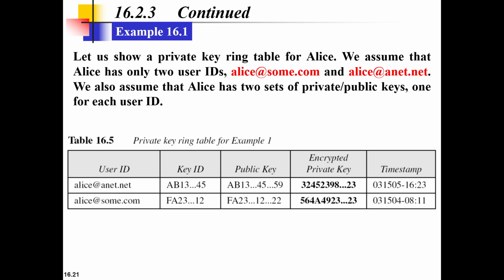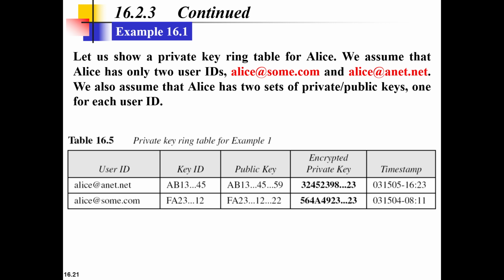Note that although the values of user ID, key ID, public key, and private key are shown in hexadecimal, a different time format is used for the timestamp. These formats are only for representation and may be different in any actual implementation.